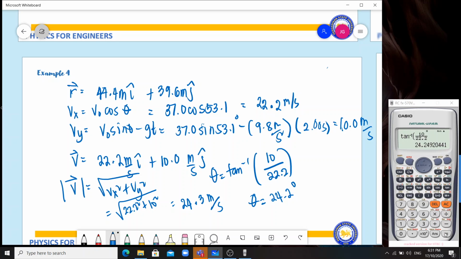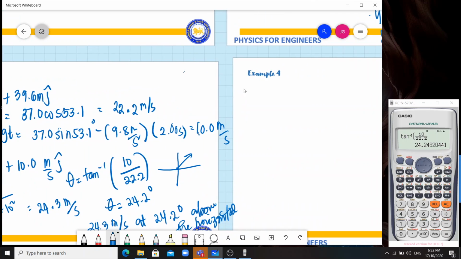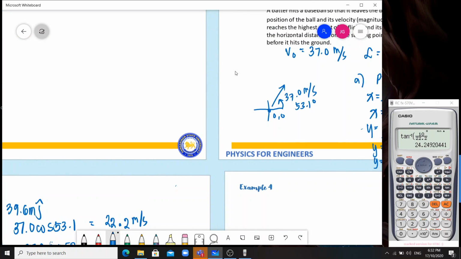It is positive, so it is above the horizontal. So the answer is that our velocity is 24.3 meters per second at 24.2 degrees above the horizontal. Next, is there a letter C?